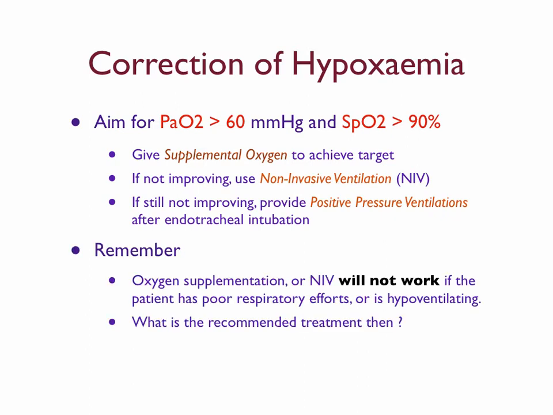Remember, oxygen supplementation or NIV itself will not work if the patient has poor respiratory efforts or is hypoventilating. What do you think is the recommended treatment in these situations?